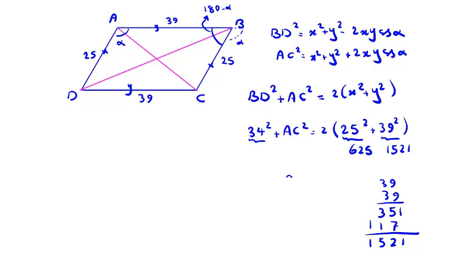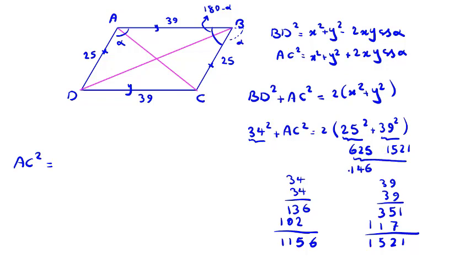And 34 squared equals what? 4 times 4, 16. We have 1. 3 times 4, 12. 1. It will be 10. And it will be 6, 5, 1, 1. So AC squared equals, if we add up these two numbers, it will be 6. 2 plus 2, 4. 6 plus 5, 11.